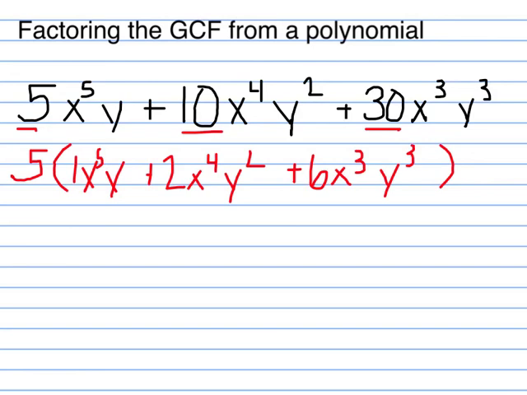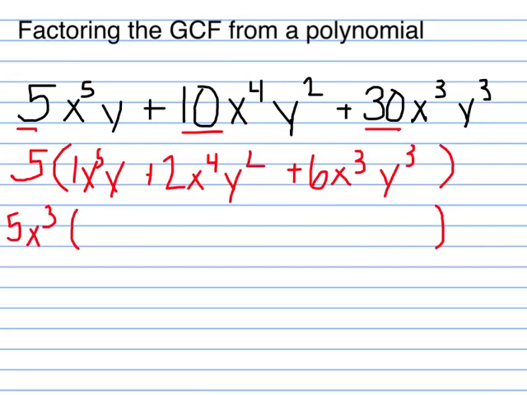So if we look here now at the x terms, I have x to the 5th, x to the 4th, and x to the 3rd. So the highest amount of x's that can be pulled out is x to the third. It is the smallest one that they all have in common.